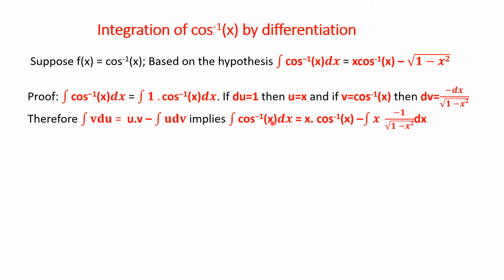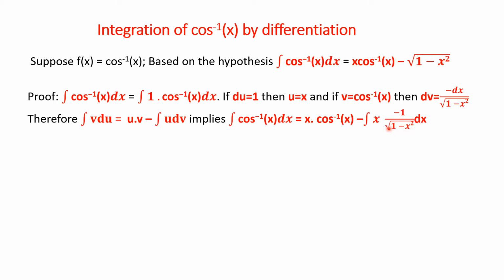So we're doing integration of cosine inverse of x dx, which is what we wanted, equals, and then we plug in u dot v. Our u is equal to x, and our v is equal to cosine inverse of x, minus, we have to plug in integration of u, which is equal to x, and dv, which is equal to negative 1 over square root of 1 minus x squared dx.